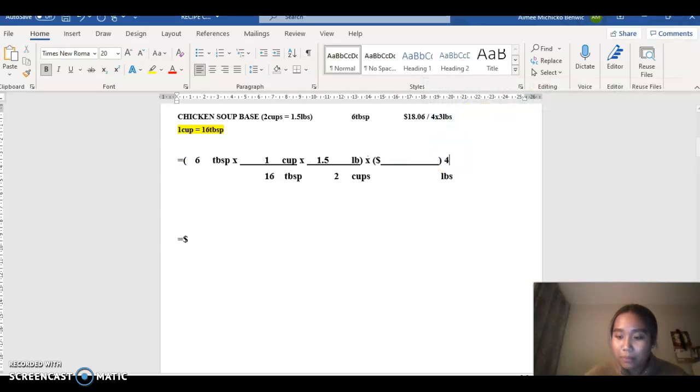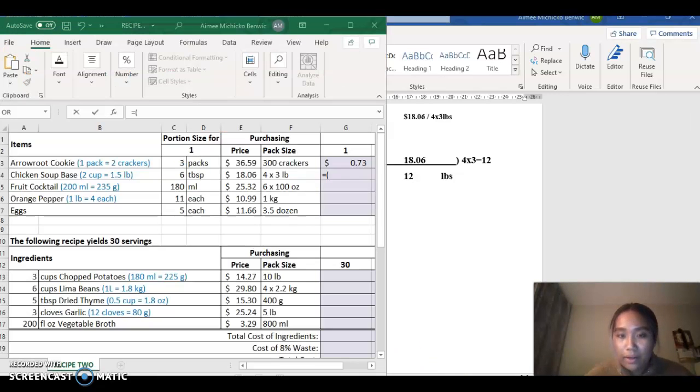So 4 multiplied by 3 gives us 12 pounds. Let's copy the price, $18.06, and then 12 pounds. After computing and canceling all the units, that gives us 42 cents. Let's pop it in our Excel.